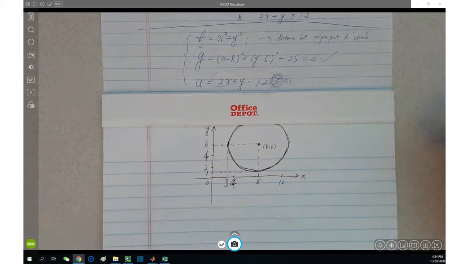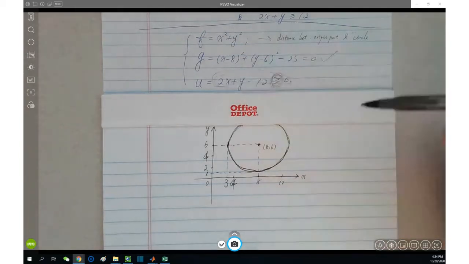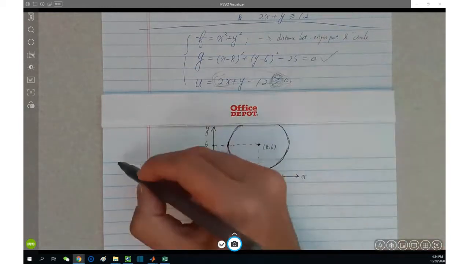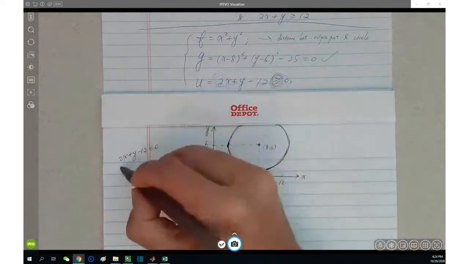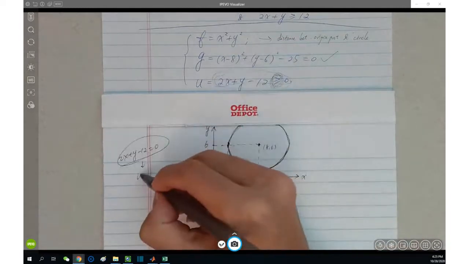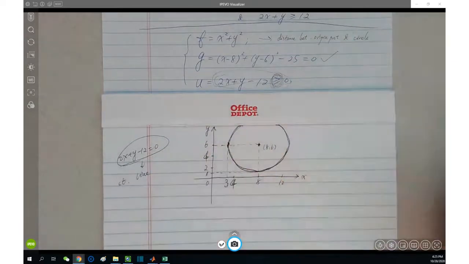Good. So basically, what do you see here? There's 2x plus y minus 12. If we think of 2x plus y minus 12 equals 0, what is this? It's a straight line. So how do we find a straight line in the picture?